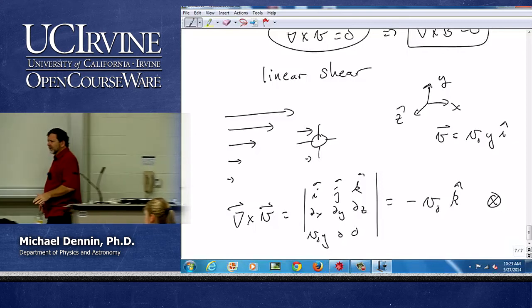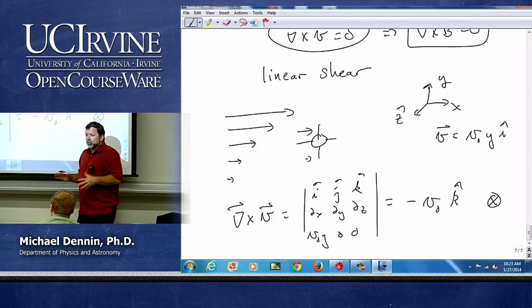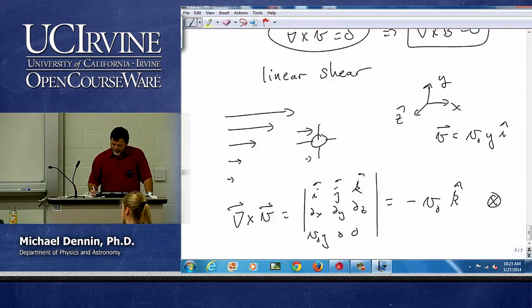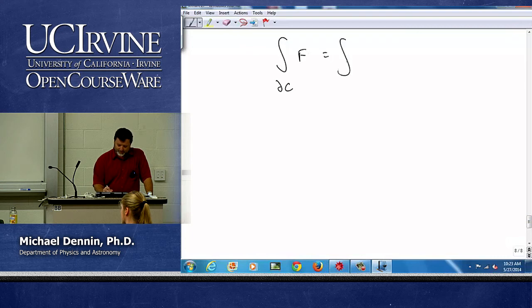Any questions on that? So just real quickly, I think it's important to review the various different lectures that came out. We have this fundamental idea that relates the integrals on the inside and outside.